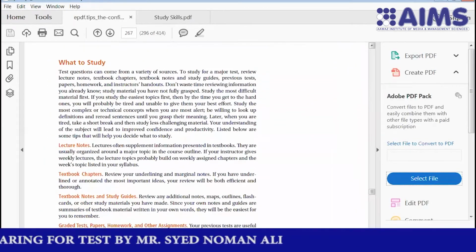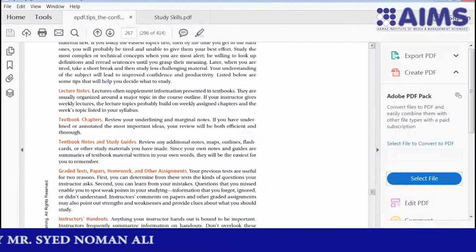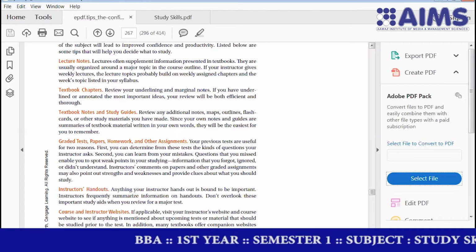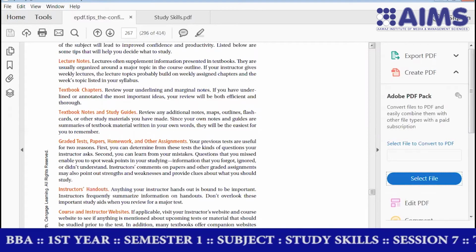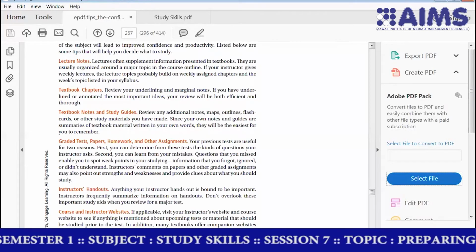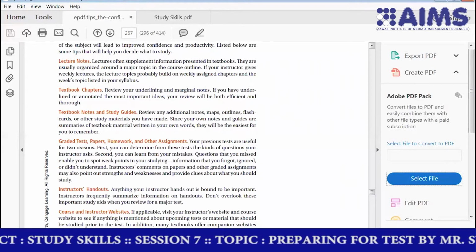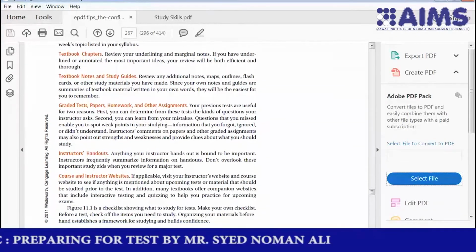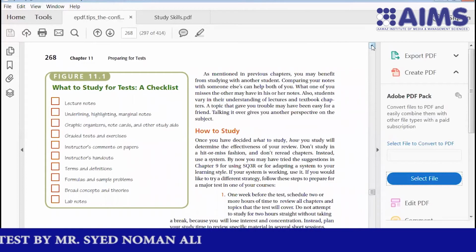What to study? Whether you study from the lecture notes, go for chapter reading from the textbook, your own notes, your study guide, past papers, homework, assignments, handouts provided by the instructor, or any other website or tutorial.